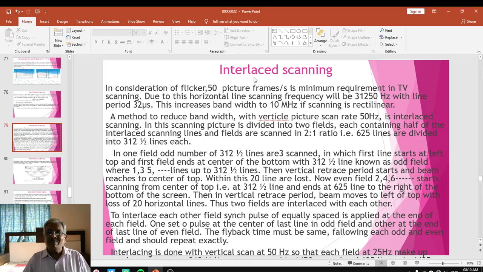As we already studied, 625 lines are scanned in one vertical frame. Out of that, 40 lines are used for the vertical retrace period. Only 585 active lines are utilized to produce the illusion of the picture.